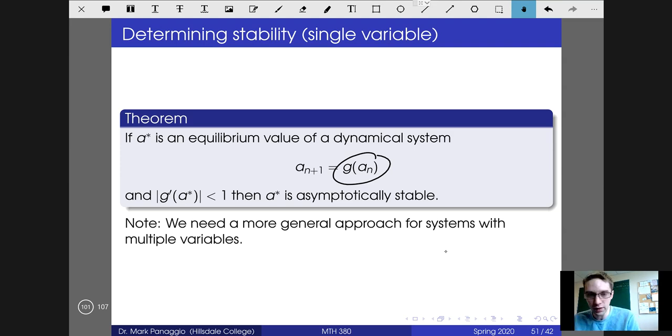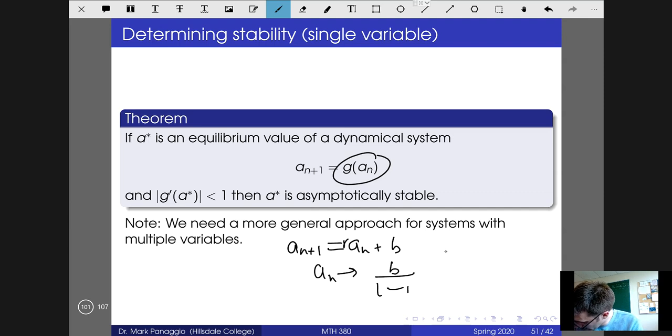And notice for our linear equations, which we already know are going to approach a fixed point, we said a_{n+1} equals r a_n plus b, has the fixed point b over 1 minus r for absolute value of r less than 1. We can show that that's consistent with this, because if you were to compute g of a, it would just be r times a plus b.